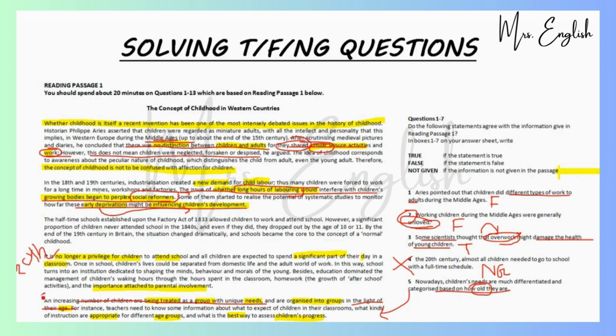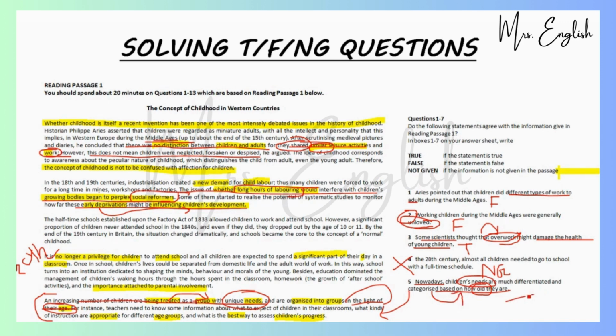And this passage talks about the current times, right? Which is mentioned here, nowadays. And they clearly said that the children are being treated as a group with unique needs, so their needs are much differentiated, and they are being organized into groups in the light of their age. So they're being grouped or categorized based on how old they are.